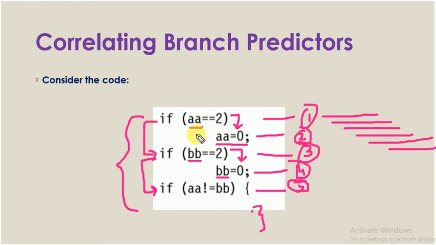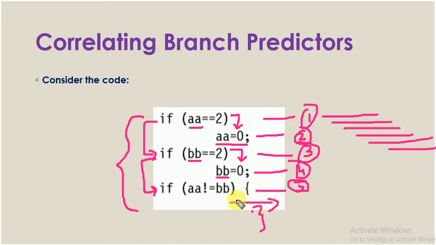If A is not equal to 2 and BB is not equal to 2, then it will go to the third branching statement, that is if A not equal to B. In that situation, it will be entering into the sequential statement.